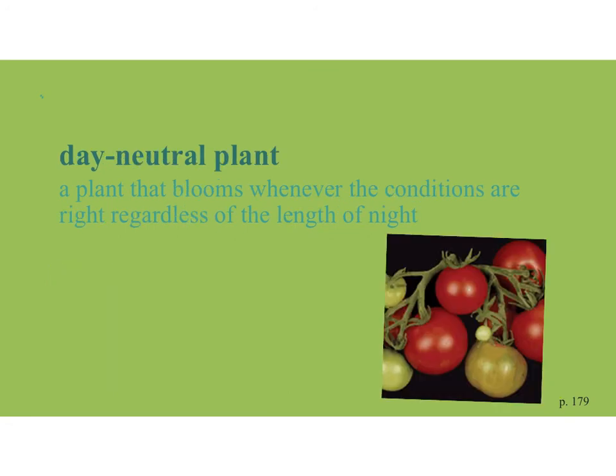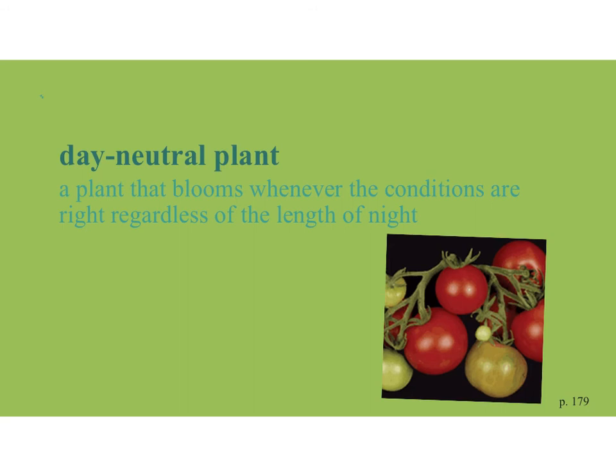Day neutral plants. That is a plant that blooms whenever the conditions are right, regardless of the length of days. So basically they just bloom when they're ready. Tomatoes are one example of that. They have to have the right temperature and moisture in the ground. Of course, we need to water our gardens and things like that.